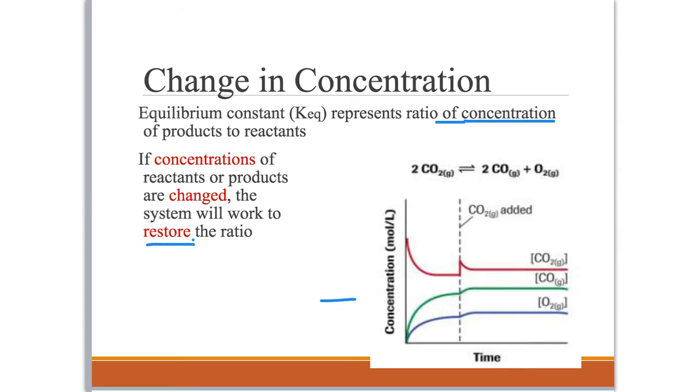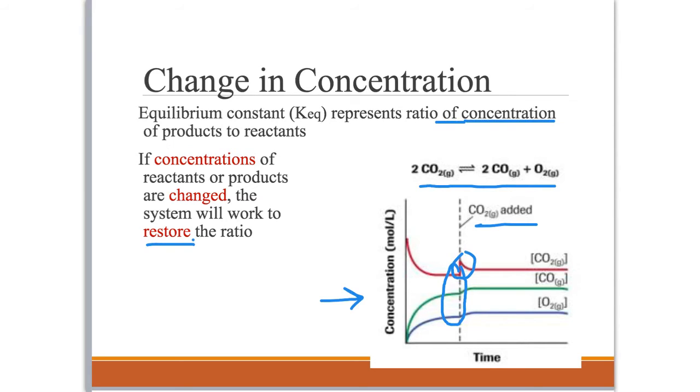So in this illustration I have over here with the graph, we have a system at equilibrium at this point. The lines have flattened out, and we see this distance between the red line and the green line, and the green line and the blue line, representing our reactants and products of the carbon dioxide turning into carbon monoxide and oxygen. If we add more carbon dioxide, we are changing the concentration of our reactant, which will cause a quick little blip here.